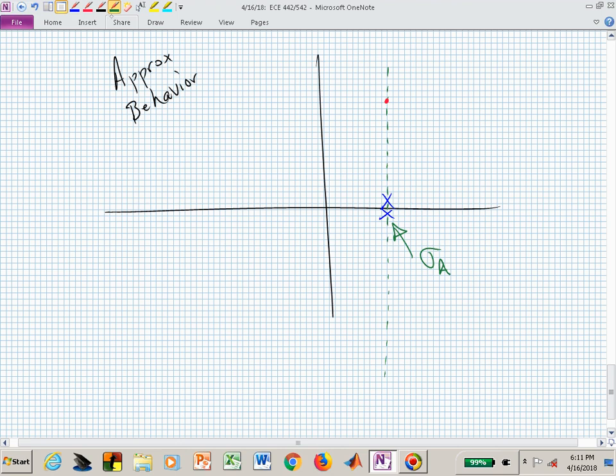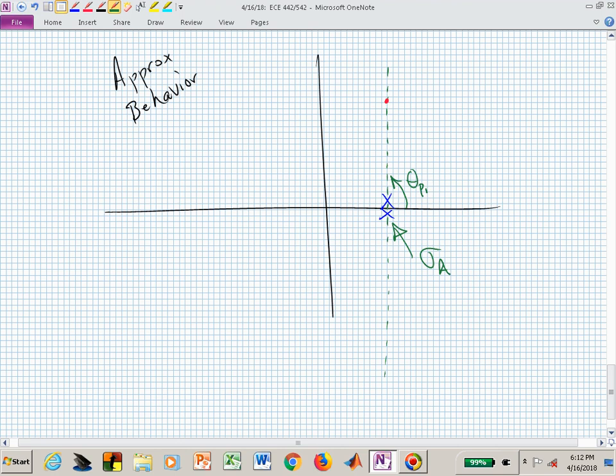Let me step back. Based on that red dot, what's the angle from the topmost pole? Those poles are on top of each other, but I've now offset them. From the top pole to that red dot, what's its angle? Can I just label it? Couldn't you just say that this is that angle?